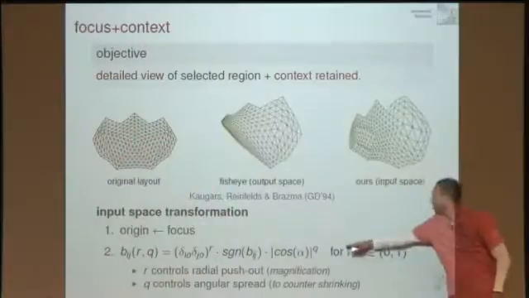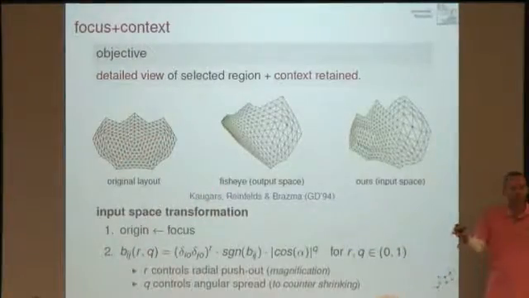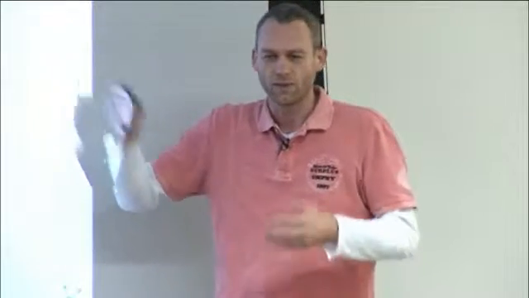But by controlling Q, we can enlarge the context or use the empty space around the context to show more of it in the same drawing. Right? So it's one way to control this. And I think one of the good things about it is that the distortion is happening only when the method is applied, and we do not have these uncontrolled interferences between the two distortions that are introduced into the drawing.